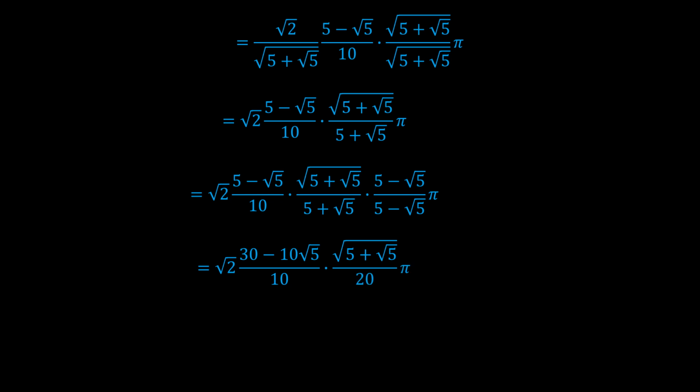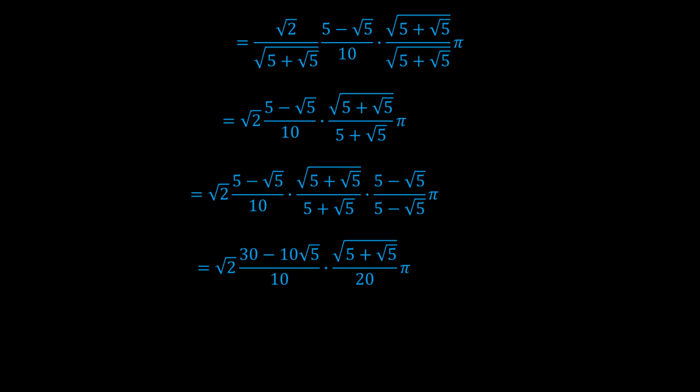So this means that we have 5 root 5 minus root 5 squared, and that's the same as 30 minus 10 root 5. And then after this conjugate multiplication, we get 20.